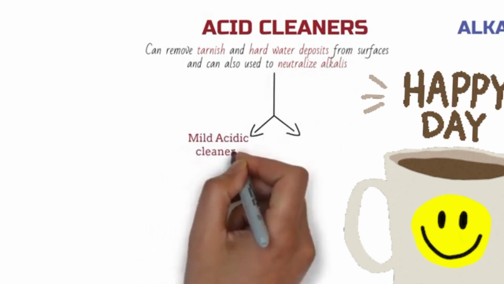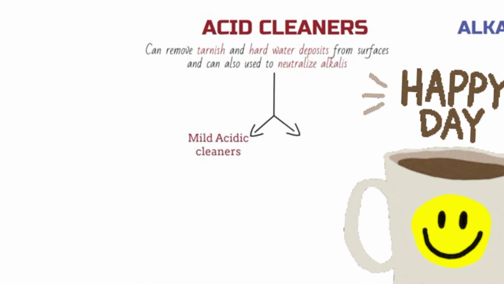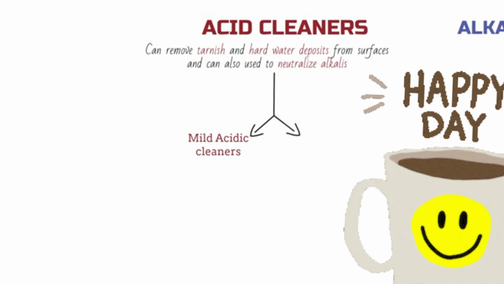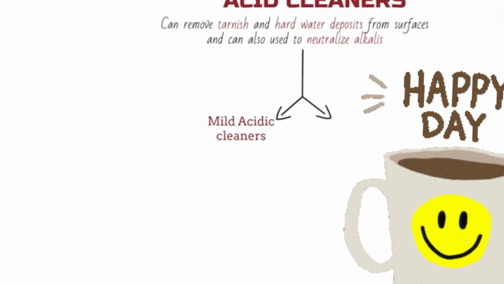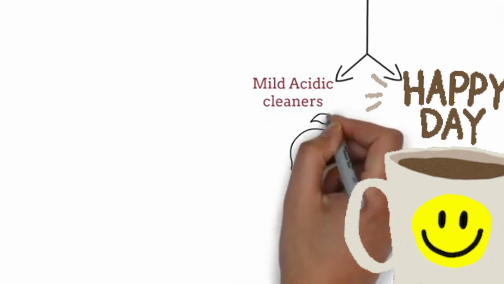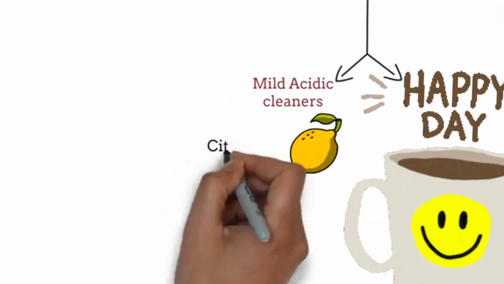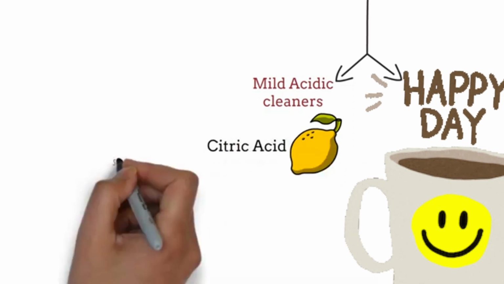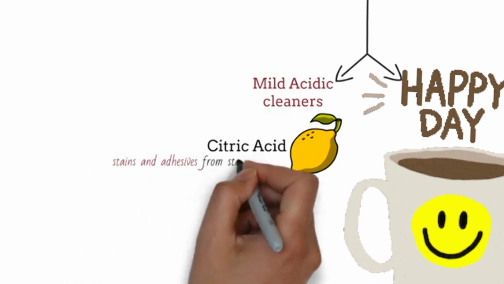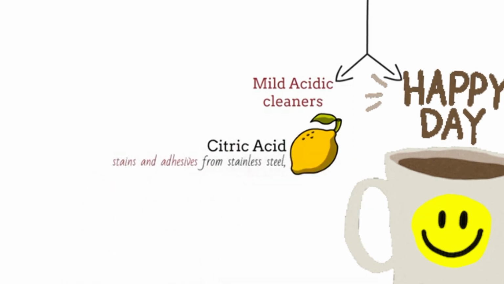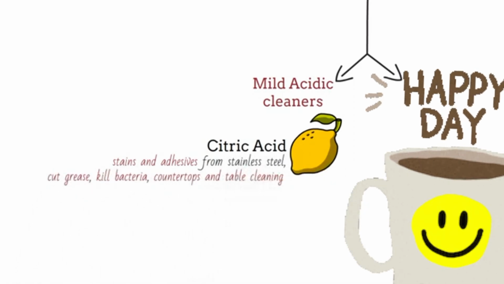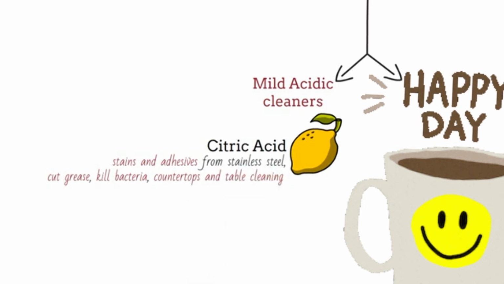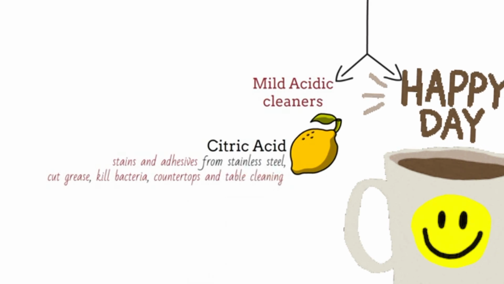Mild acidic cleaners have less acidic strength and are used for minor cleaning like hard water deposits and mild rust stains, etc. For example, lemon juice, which contains citric acid, can remove stains and adhesive from stainless steel. It can also cut grease, kill bacteria, and countertop and table cleaning can also be done. It can also descale taps and shower doors.